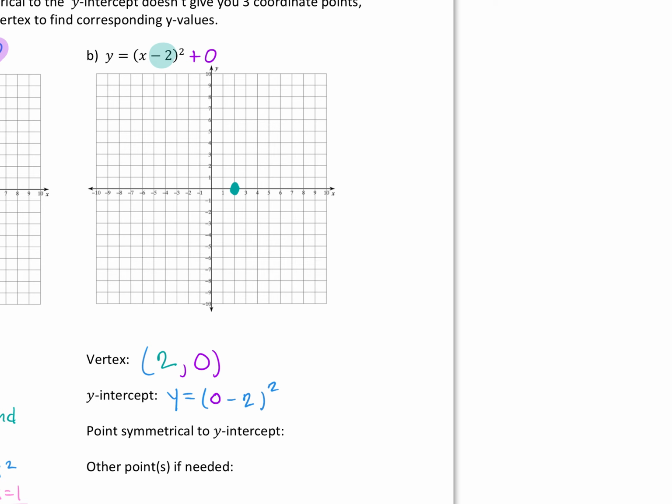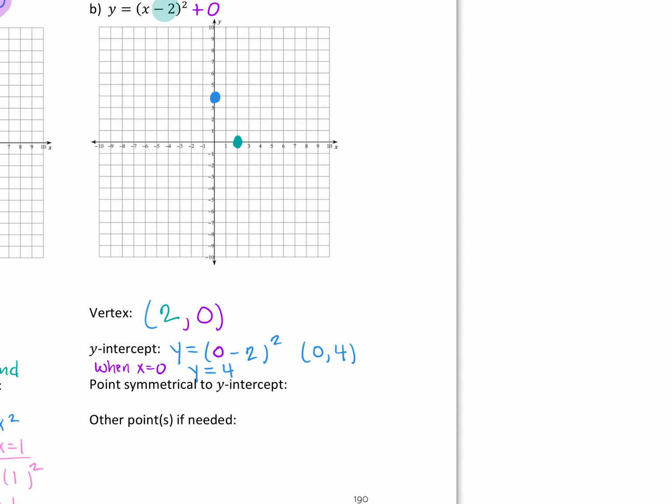The y-intercept is when x equals 0. So replace x with 0. And when we do that, this gives us y equals 4, which means the y-intercept is 0, 4. So 0, 4 is the y-intercept.